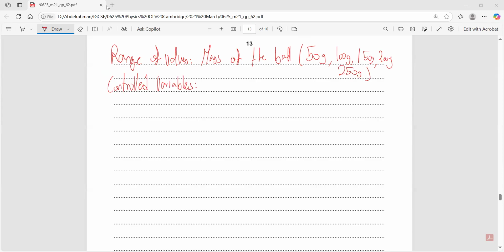But that's the material of the ball. Yes, it could be one factor. Yes, the controlled variables: the slope, or you can say the angle if you want to say angle instead of slope, the surface of the board, the material of the ball.